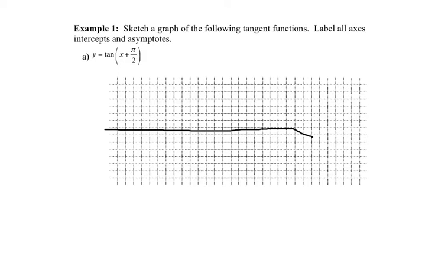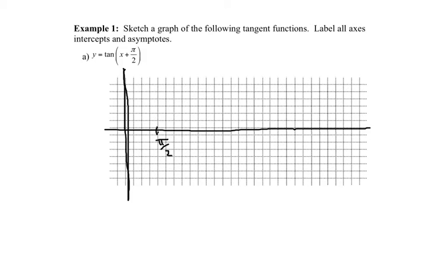Oh, goodness, sorry. So instead of having the zeros happen on increments of pi, our zeros are going to happen on increments of pi over 2, and our asymptotes will happen on increments of pi. So I'm just going to count, let's say, by 4s. So 1, 2, 3, 4, and we'll call this pi over 2.